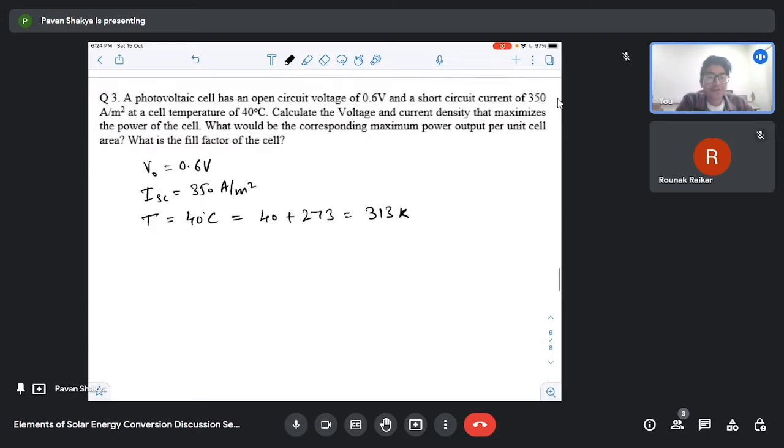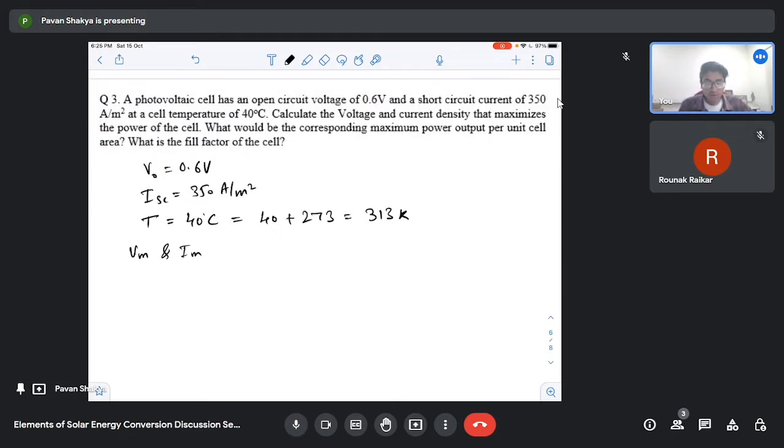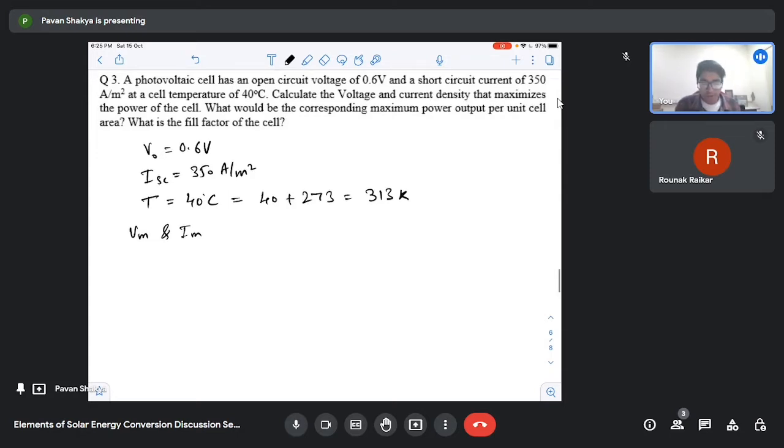So basically in this problem, we have to calculate the Vm and Im, and we have already derived the formula for this Vm and Im. So we will use these formulas and solve for this value. First we will try to find out the Vm.